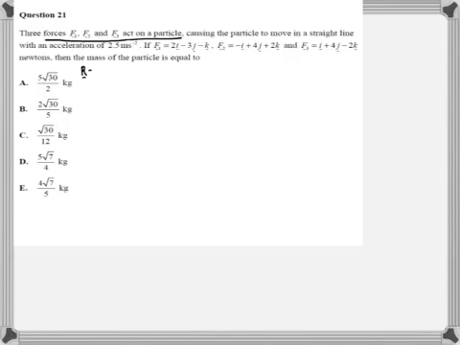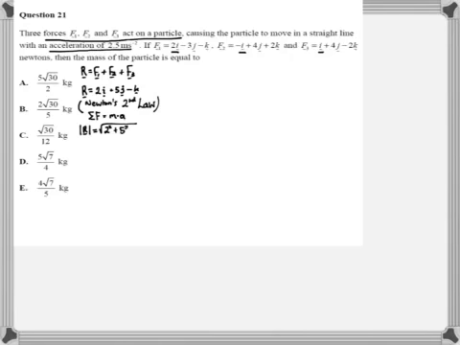So let's work it out. We've got a resultant force, F1 plus F2 plus F3, and we add up our components. We add the i components, the j components, and the k components, and we get this. Then we draw on Newton's second law, which says the sum of the external forces gives you mass times acceleration. So we need the size of that resultant force.